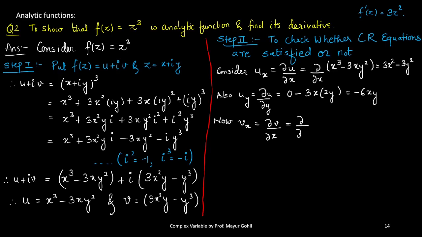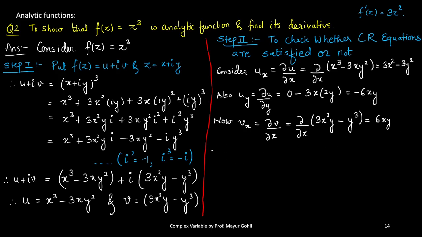That is the partial derivative with respect to x of 3x square y minus y cube, which is 6xy minus 0, so that is gone.